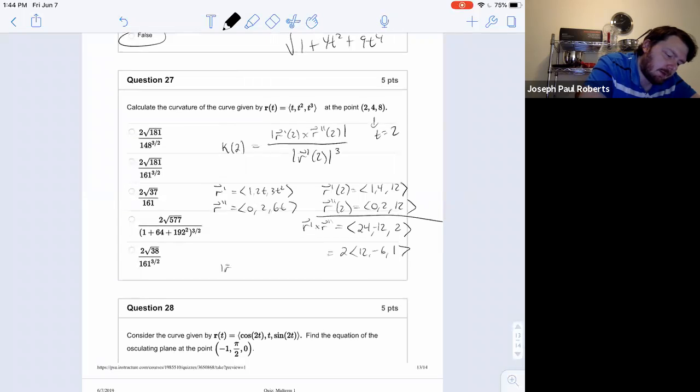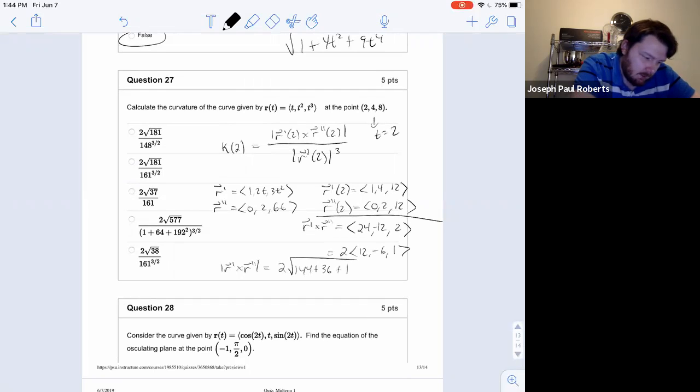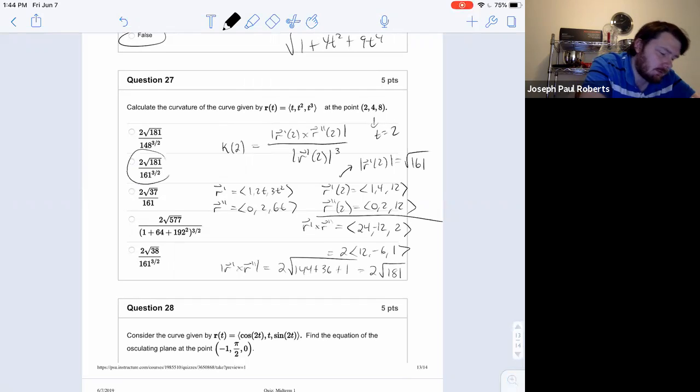And therefore the length of r prime cross r double prime is twice the length of that. So that's 144 plus 36 plus 1. So 2 times the square root of 181. Then the length of r prime of 2 is what? 144 plus 16 plus 1 is square root 161. And so therefore we get that. Okay.